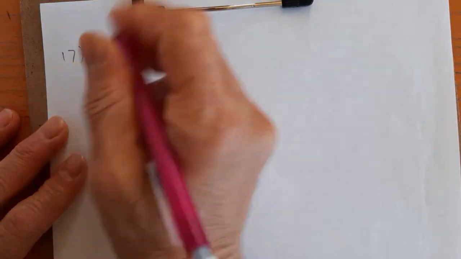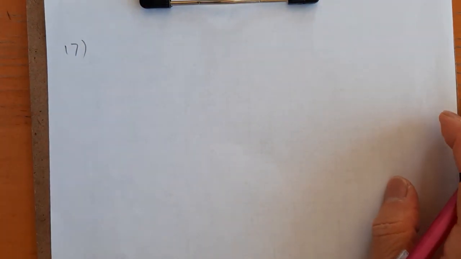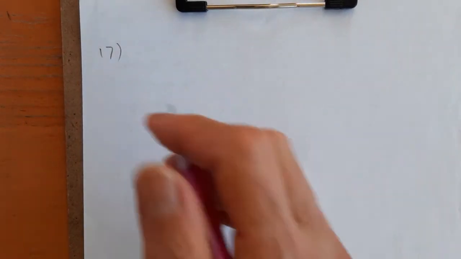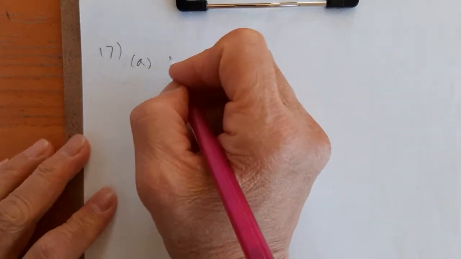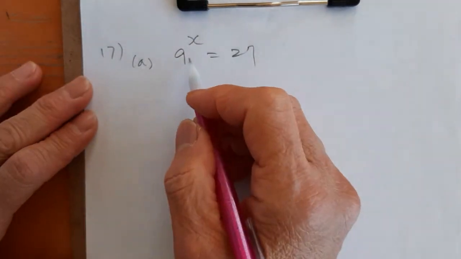Question 17, solve the exponential or logarithmic equation. A, 9 to the power x equals 27.